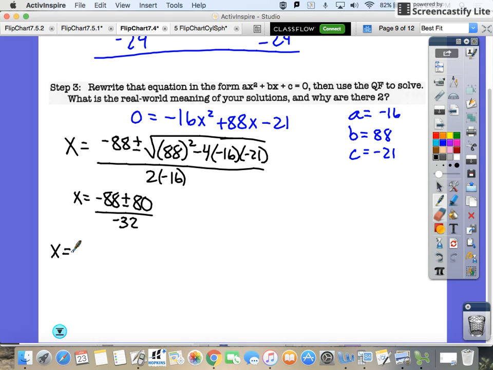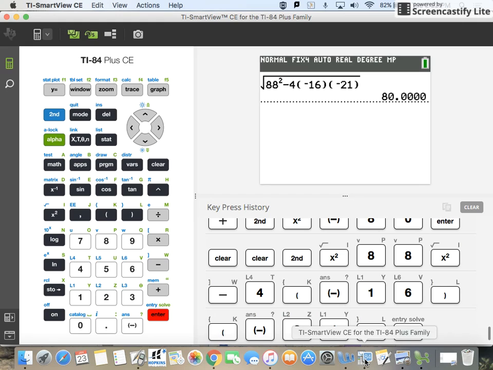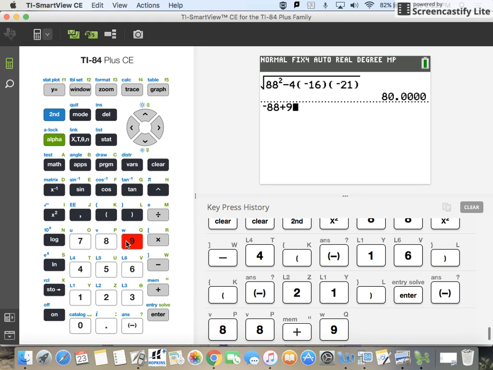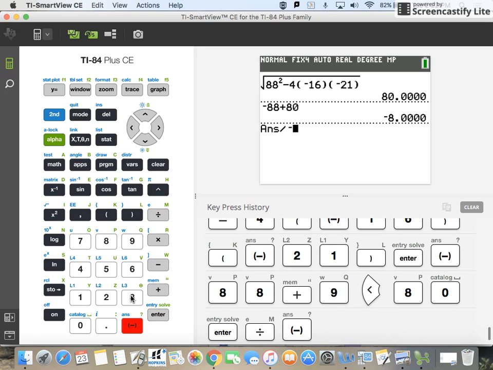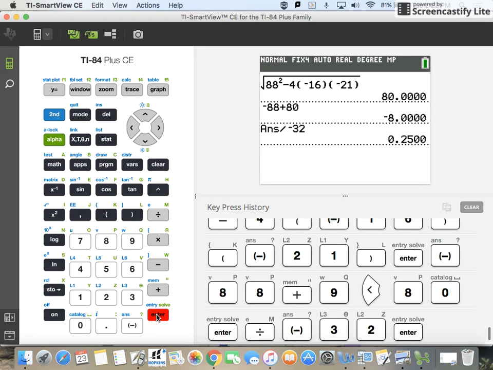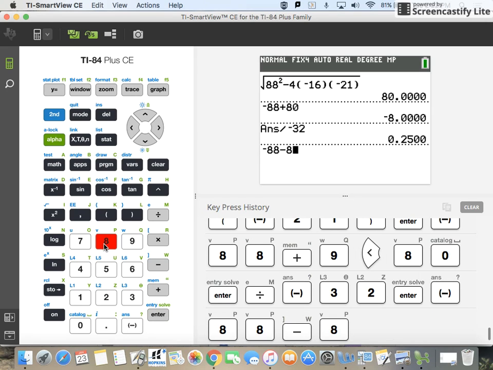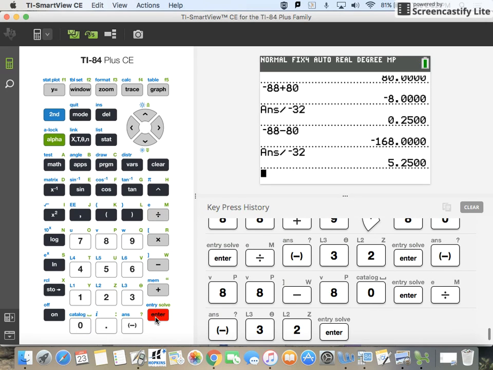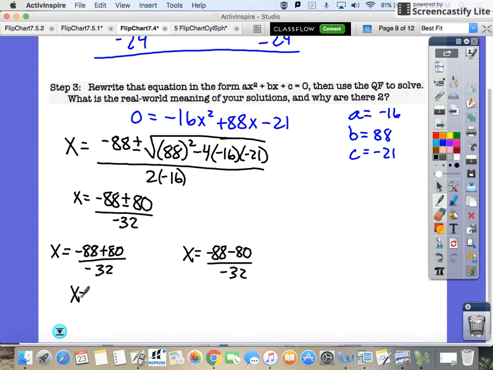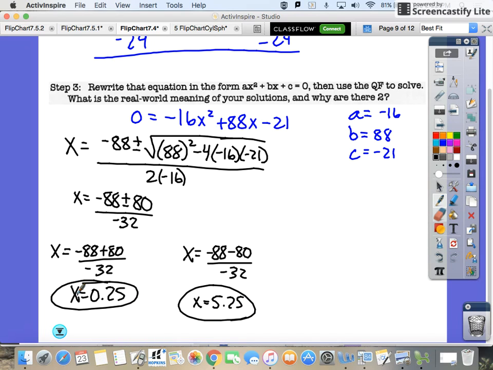The first is x equals -88 plus 80 over -32, or x equals -88 minus 80 over -32. -88 plus 80 divided by -32 is 0.25, and then -88 minus 80 divided by -32 is 5 1/4. So this is 0.25. This is 5 1/4.